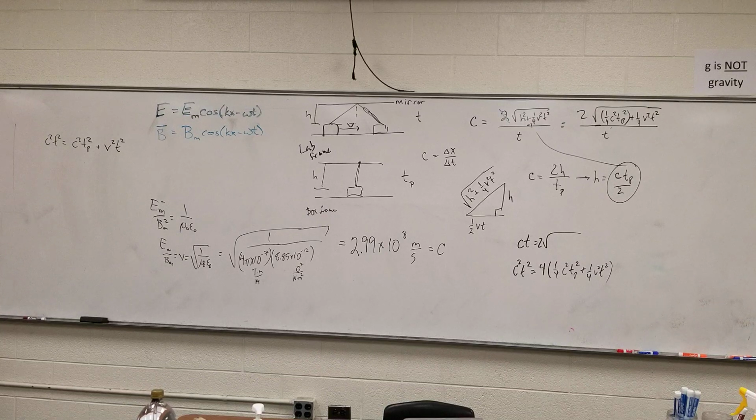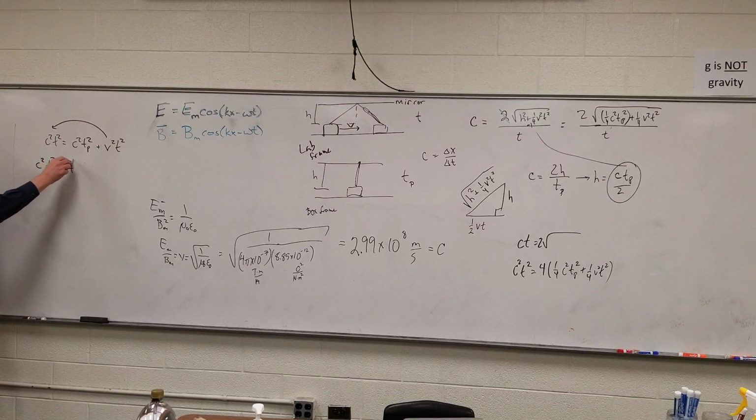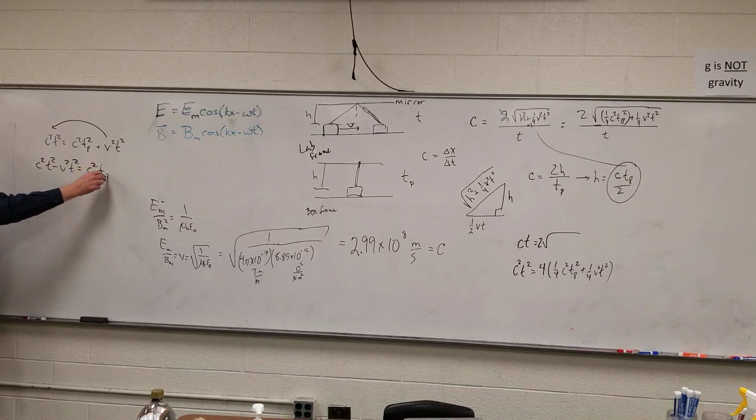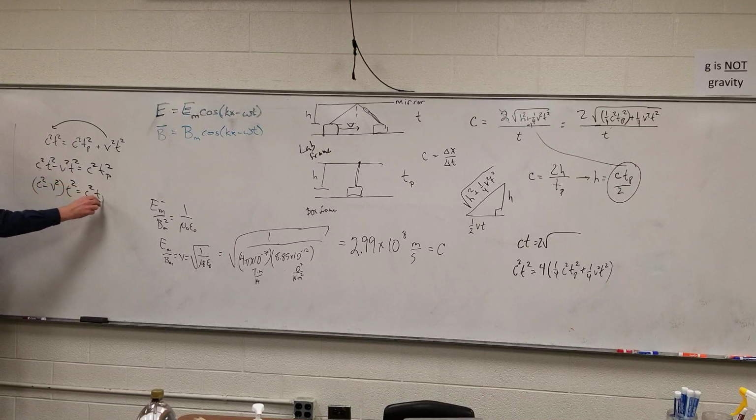At this point, it comes down to what is the form that we really want, and I want a relationship between the 2 times ultimately. So I'm going to bring the t squareds together. So c squared t squared minus v squared t squared is equal to c squared tp squared. I'm going to factor out the t squared, so I get c squared minus v squared times t squared equals c squared tp squared.